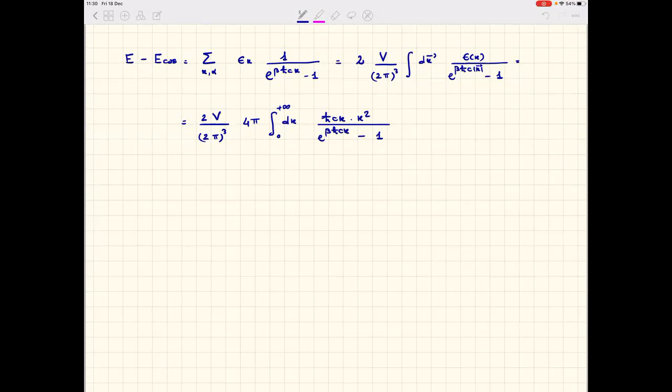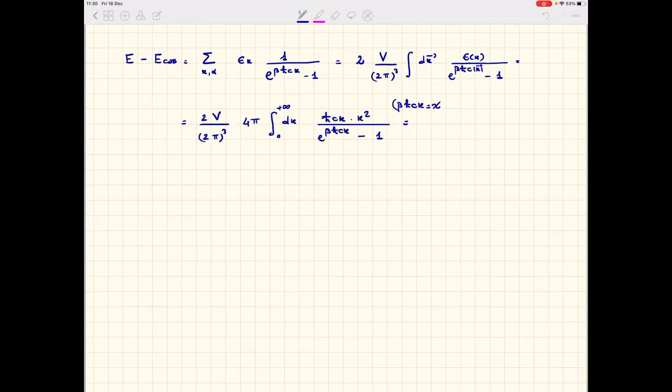All right, so now I can easily calculate this integral by setting beta h bar c k equal to x.